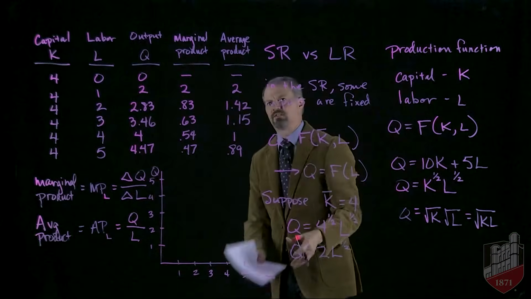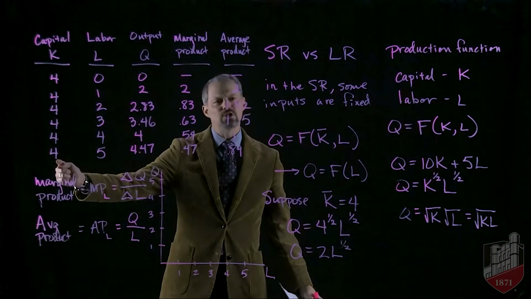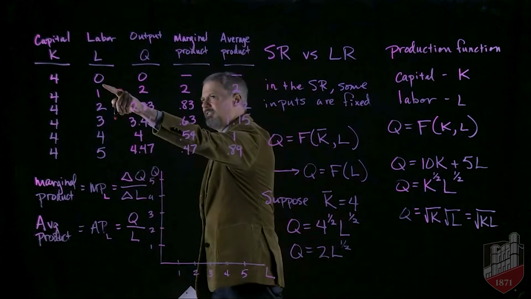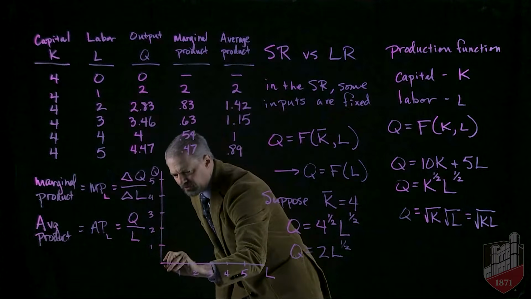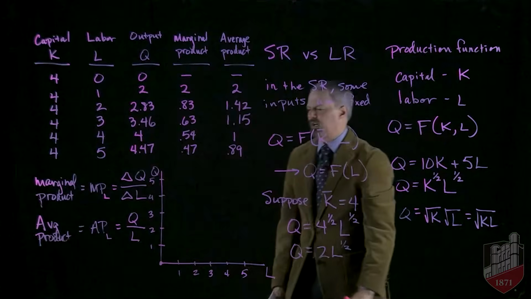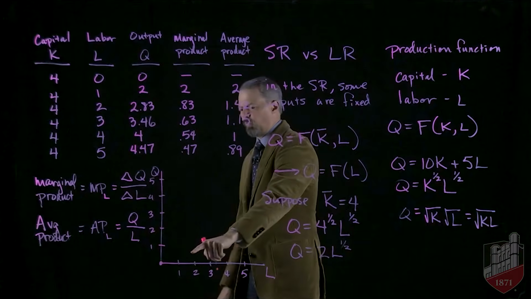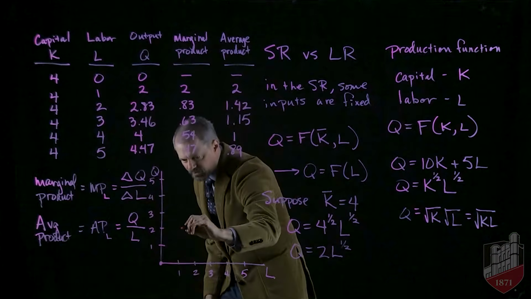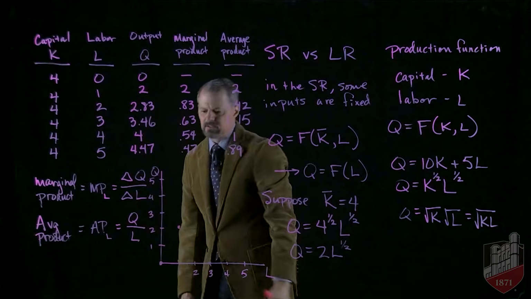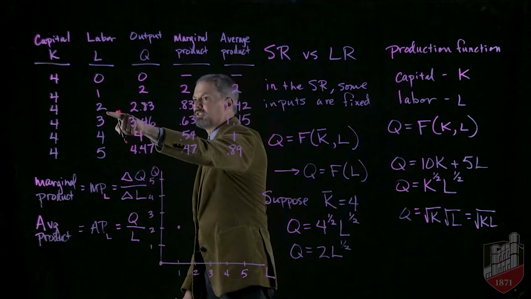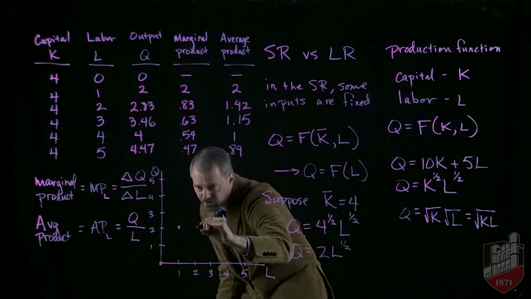Remember, this production function is drawn for 4 units of capital. If I have no labor, I get no output. So there's a point on my production function. If I have 1 unit of labor, I get 2 units of output. So there's a point. If I have 2 units of labor, I get 2.83 units of output.